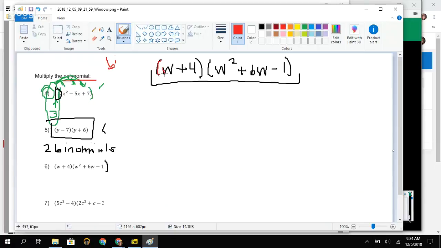So I'm going to write this in a different color so you can see what I'm going to do. You're going to distribute the w plus 4. You're going to distribute everything that's in the parentheses to everything over here.